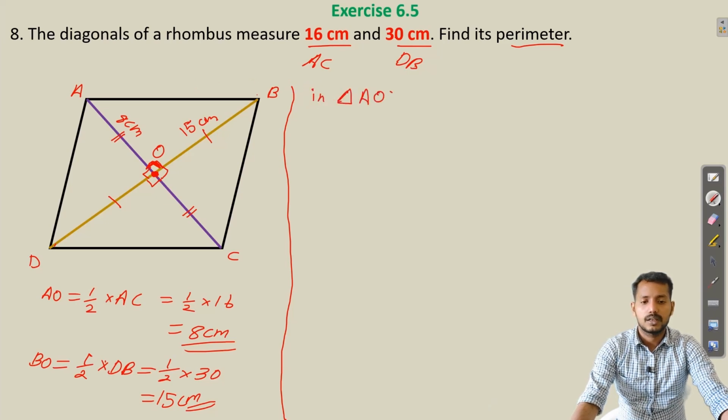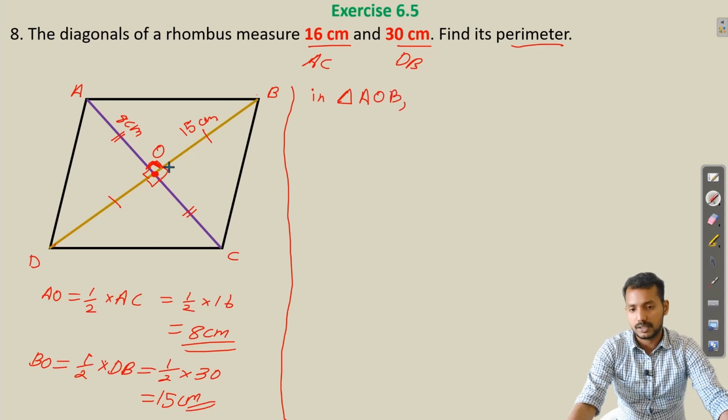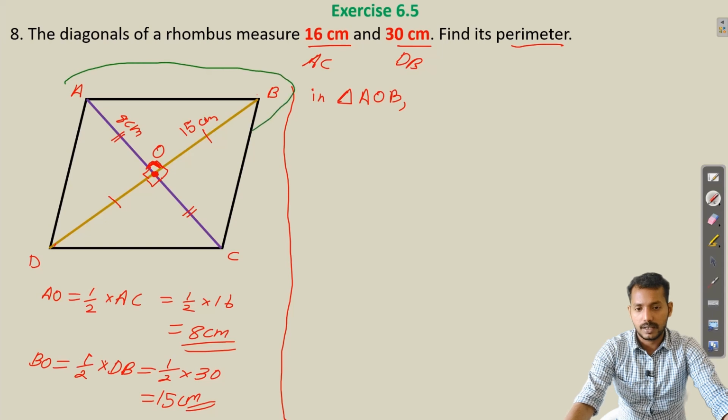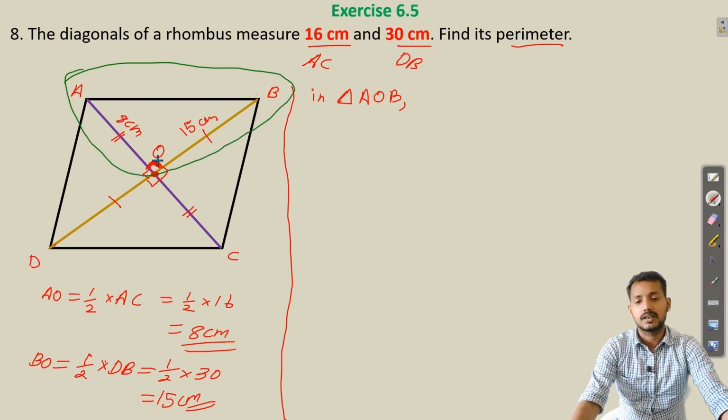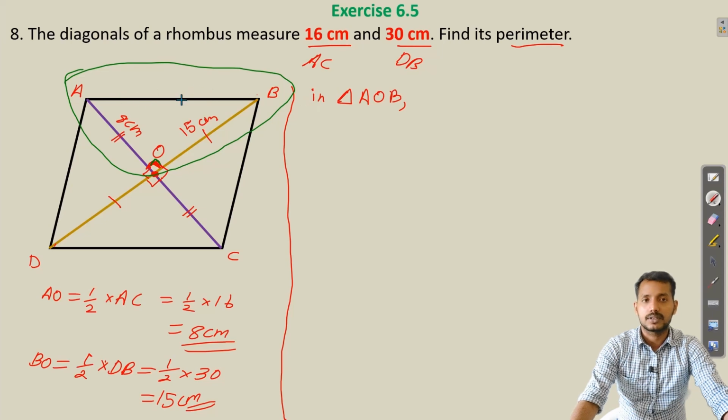In triangle AOB, I am taking this triangle AOB, only this triangle. AOB is a right angle triangle because at vertex O, that is a right angle. We can say AB is the hypotenuse because that is the side opposite to the right angle.